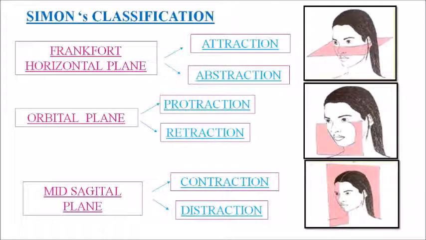The three important planes are the Frankfurt horizontal plane, orbital plane, and mid-sagittal plane. Frankfurt horizontal plane classifies the malocclusion in a vertical plane. Orbital plane is used as a reference for classification in the anteroposterior or sagittal plane, and mid-sagittal plane is used to classify the malocclusion in the transverse plane.